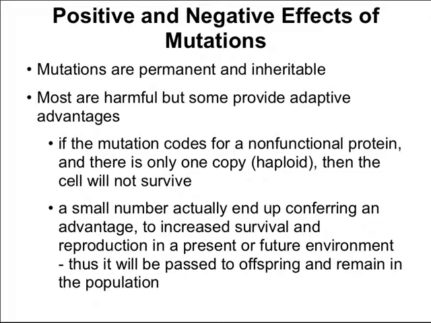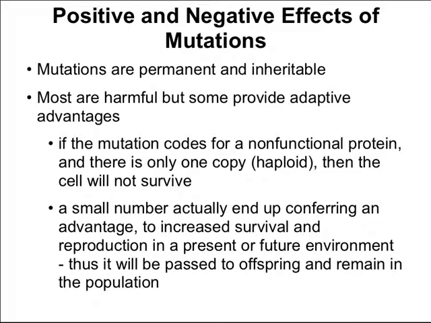If the mutation codes for a non-functional protein and there's only one copy of that protein, that is, the organism is haploid, then the cell probably won't survive because without a functional protein, it cannot do at least one of its necessary processes.